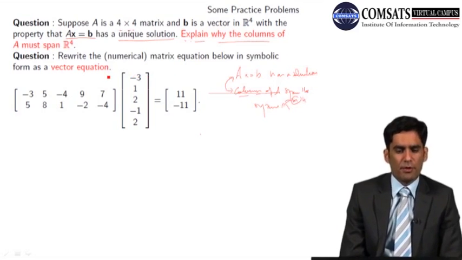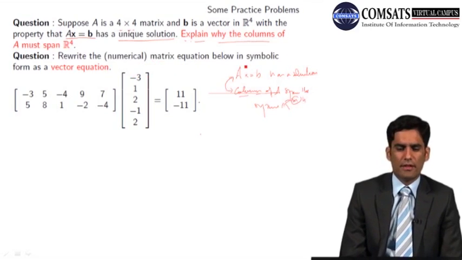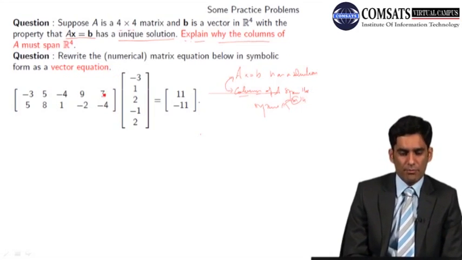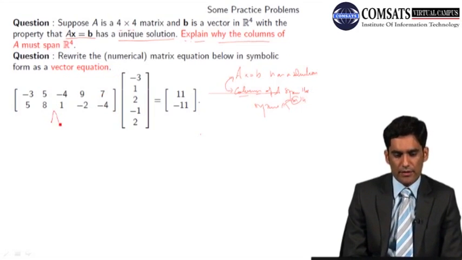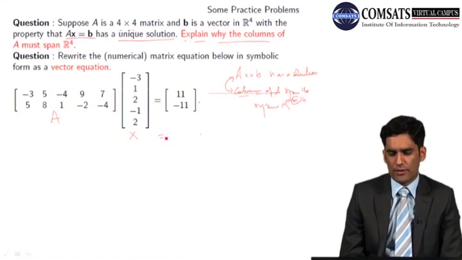The second practice problem is: rewrite the numerical matrix equation below in symbolic form as a vector equation. आपको ये matrix equation दी गई है. Here A is this one, X is this one, and your B is this one.